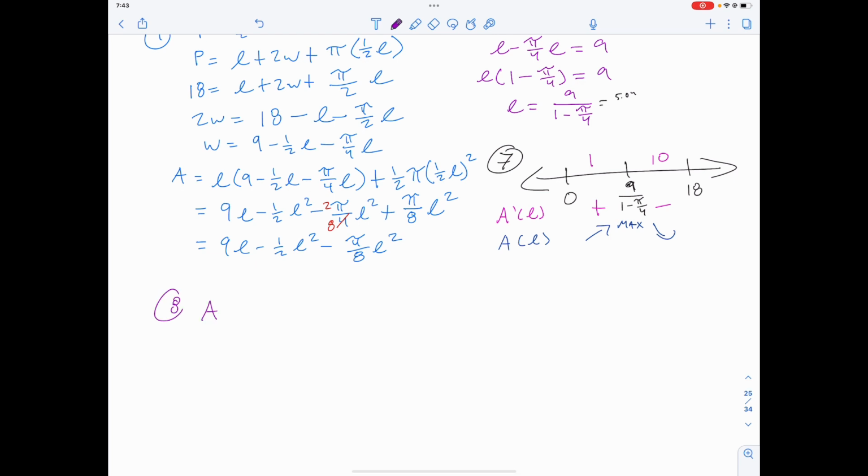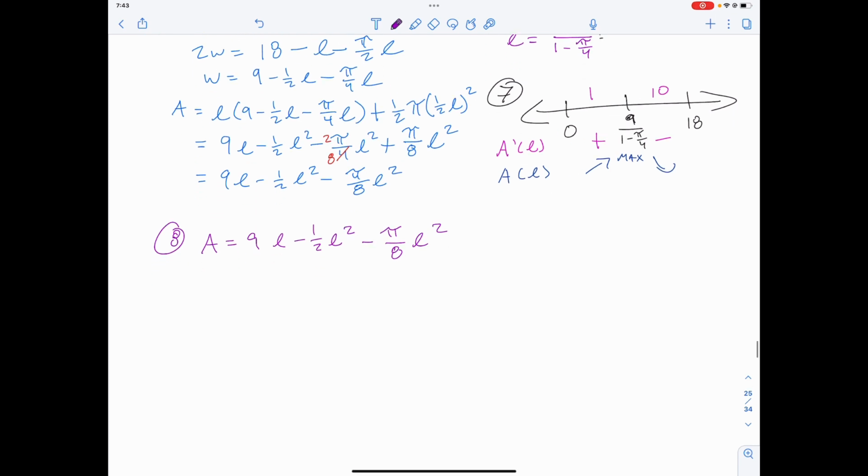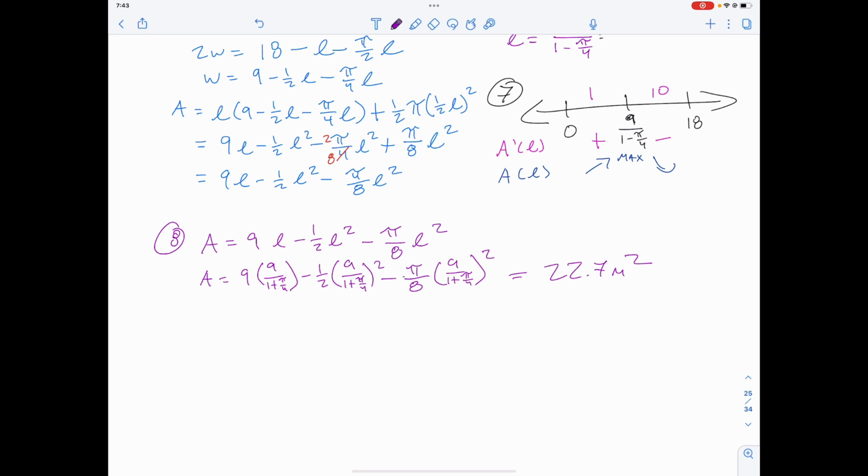A is equal to 9L minus 1/2 L squared minus pi over 8 L squared, or the area is equal to 9 times 9 over 1 plus pi over 4 minus 1/2 times 9 over 1 plus pi over 4 squared minus pi over 8 times 9 over 1 plus pi over 4 squared, which is going to give me 22.7 meters squared.